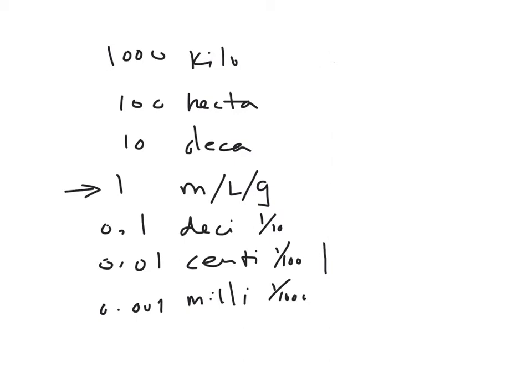Hold on a second. So how do we use these measures? Let's go to the next page. Everything goes in the same order: kilo, hecta, deca, meters, liters, grams, and then we have deci, centi, and milli. Sometimes we need to go back and forth between them.